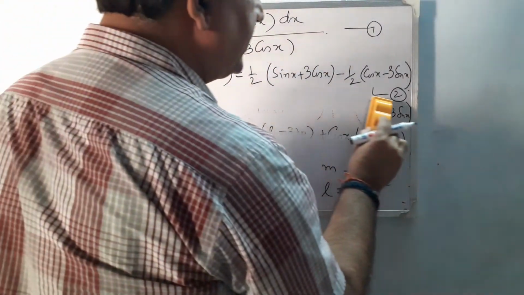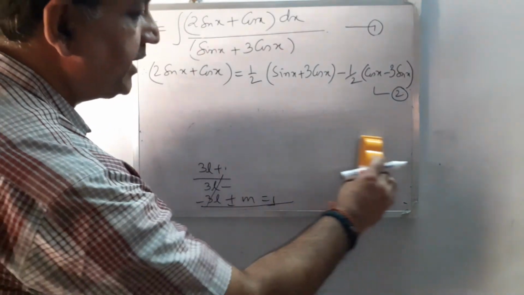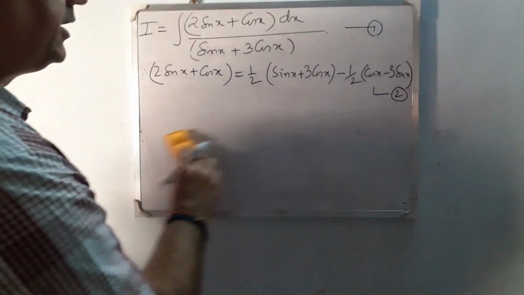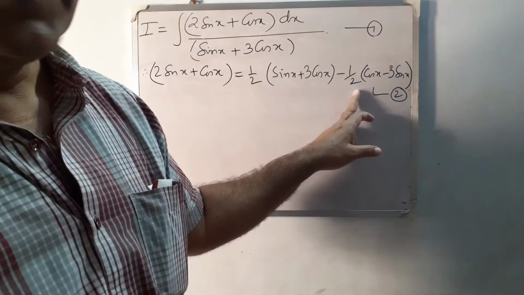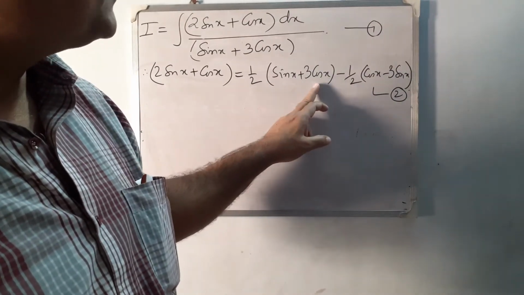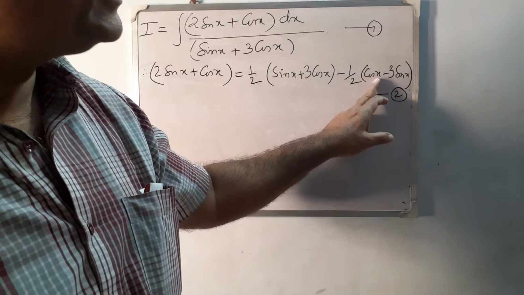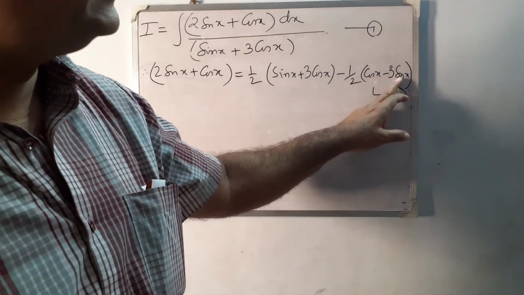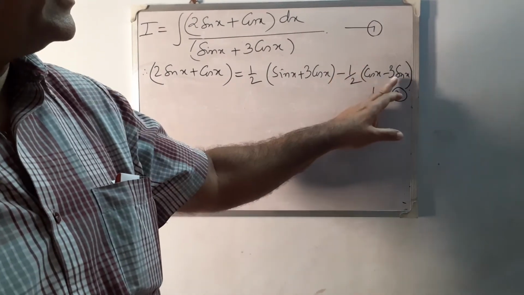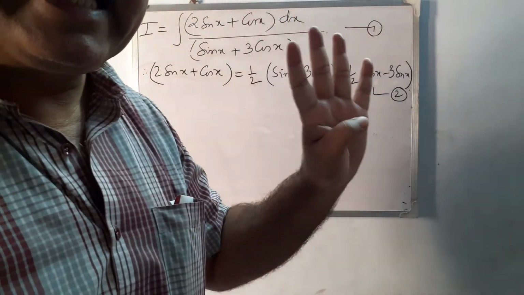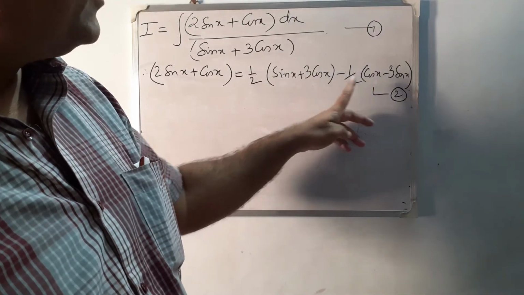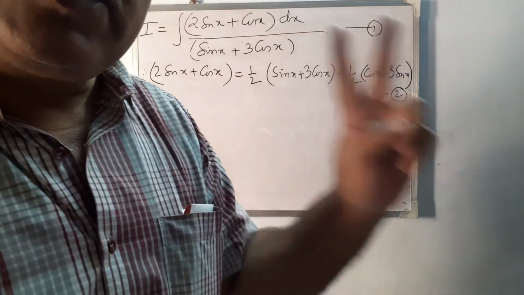Let us verify whether this is the value of the numerator or not. You see here, if you take the LCM, which is 2, in the numerator you will get sin x plus 3 cos x, and here minus cos x plus 3 sin x. Now 3 sin x and 1 sin x become 4 sin x, and 3 cos x and minus cos x become 2 cos x.